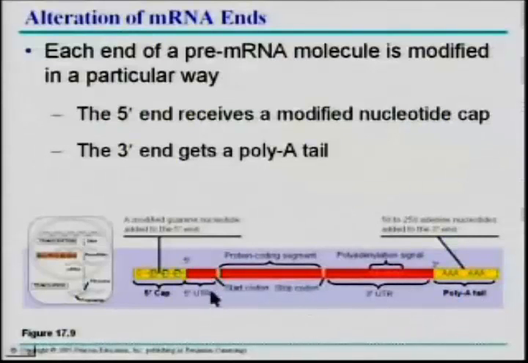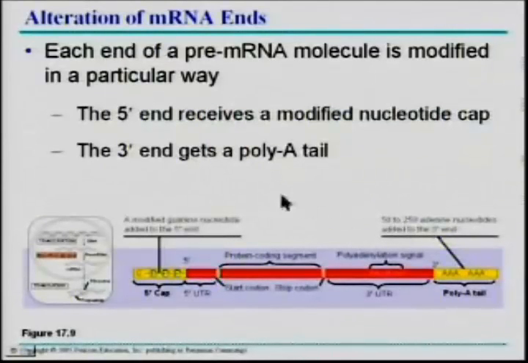Notice that there's always a 5' untranslated region, and then there's the protein coding segment with a start codon and a stop codon, and then there is the polyadenylation signal in the 3' untranslated region. So only this portion here will be translated once this gets to the ribosome in the cytoplasm. 50 to 250 adenine nucleotides are added to the end.